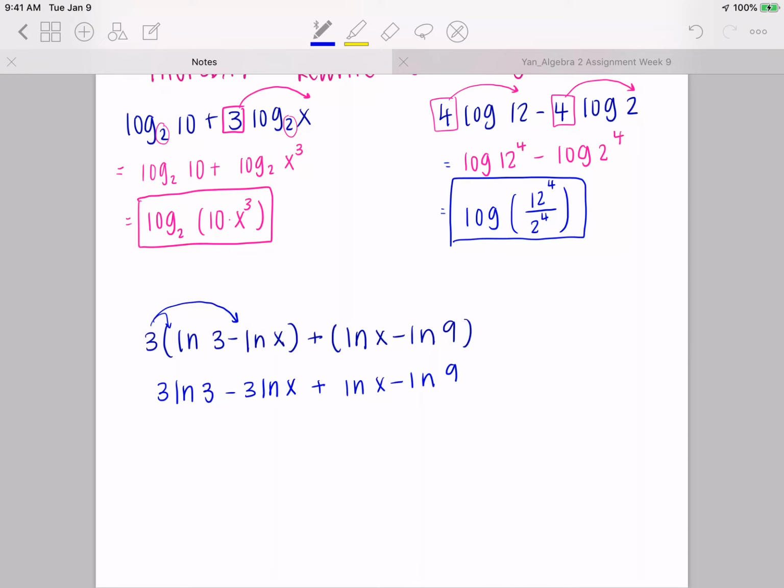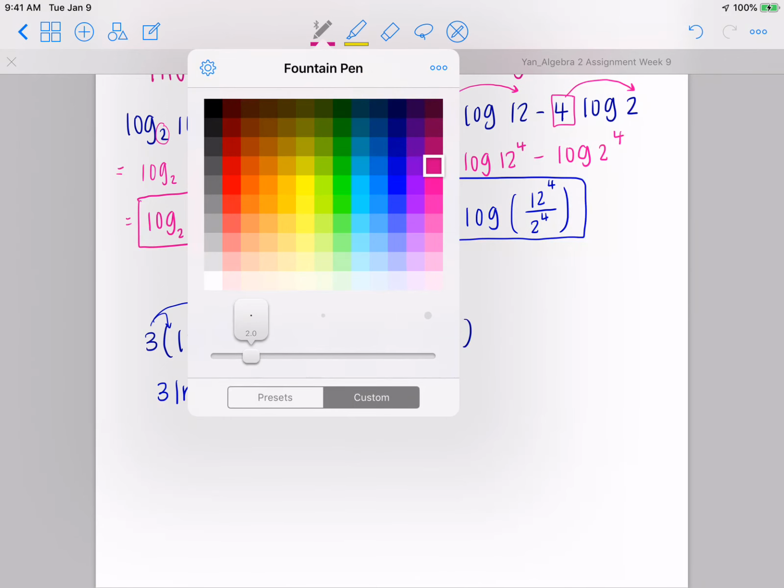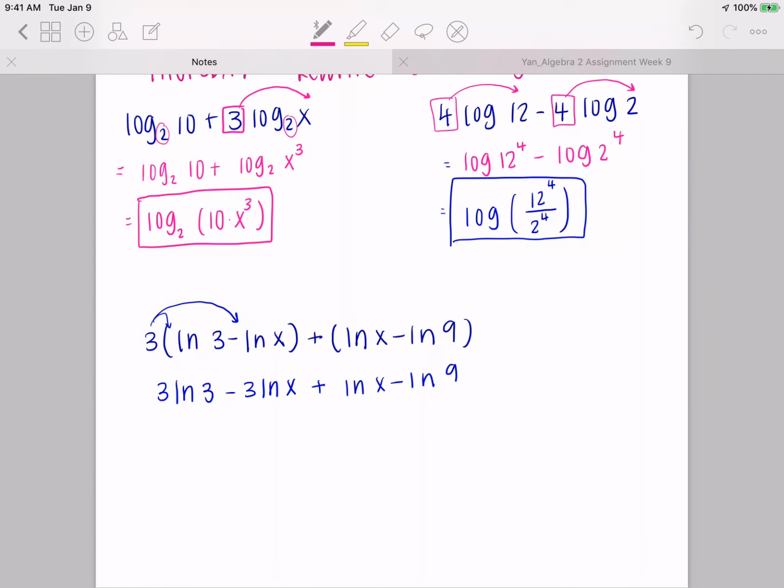Okay, so right here, I notice that the ln x, like this part and this part, I actually can combine together. And that will turn into negative 2 ln x.